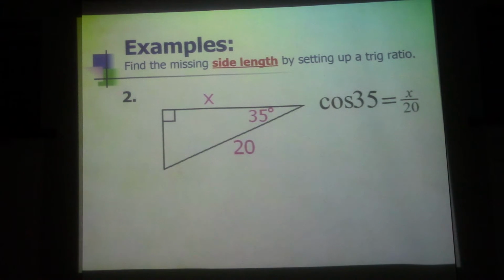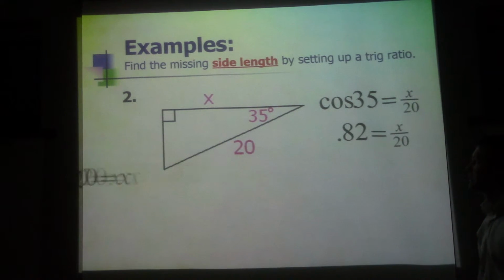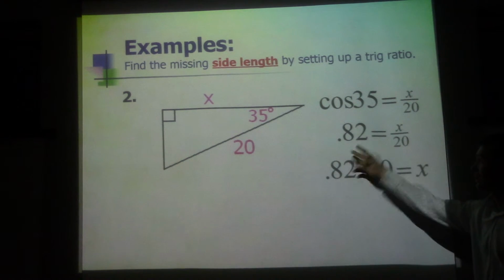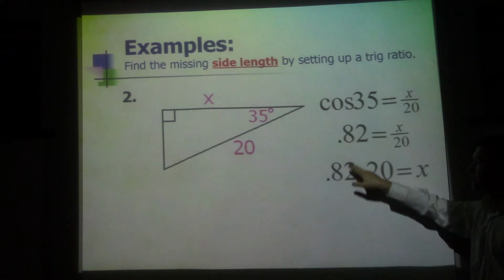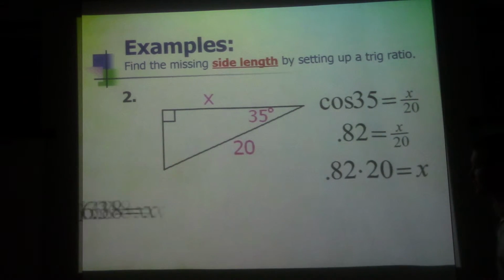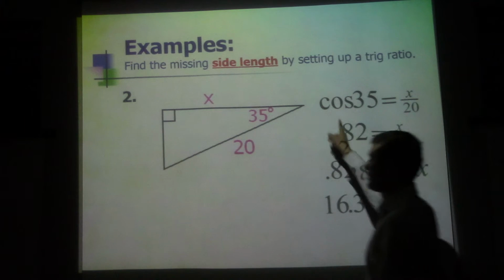We want to solve for x, so we get rid of 20 by multiplying each side by 20. Cosine of 35 is about 0.82, if you plug it into your calculator or look in the back of the book, then you multiply it by 20, so it would be 16.38. Again, this is the length of this side here.